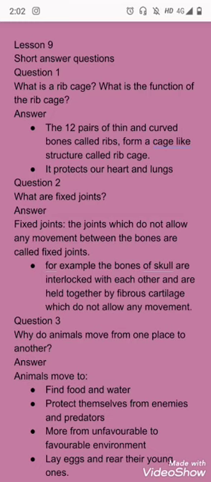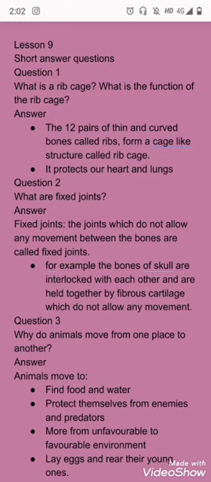Now come to question number 2. What are fixed joints? Previously we studied about the movable joints. Now we are studying about the fixed joints. The joints which do not allow any movement between the bones are called the fixed joints. When we were talking about movable joints, they allow movement.